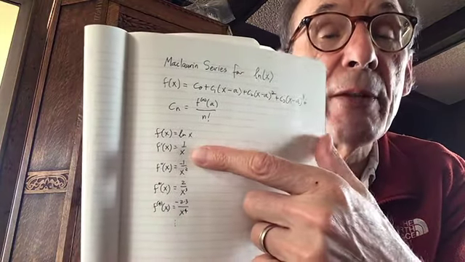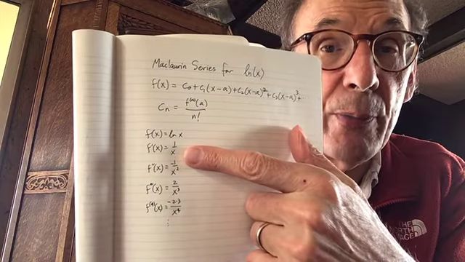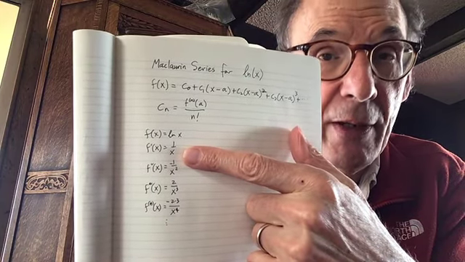Now you see right away that we can't do this at 0 because it would be dividing by 0, and as everybody knows, that's how I got this scar in 8th grade. So what we're going to do is displace our interest and do this near 1. So f of 1, natural log of 1, that's 0. F prime of 1 is 1 over 1. I'm going to simplify that. I probably shouldn't, but that's 1.